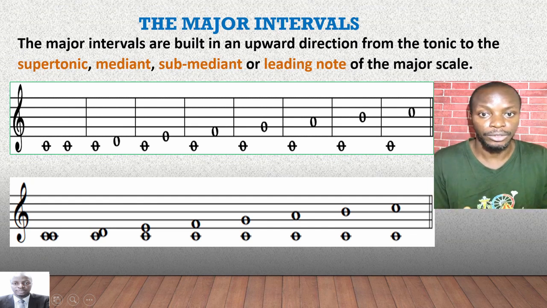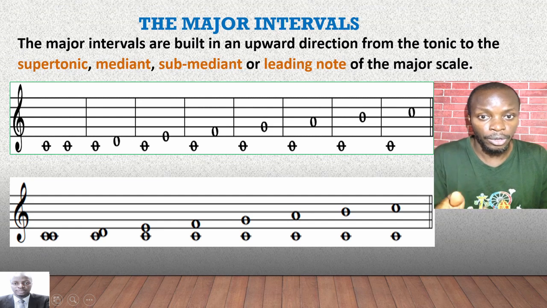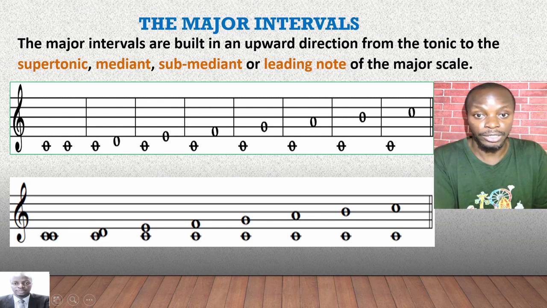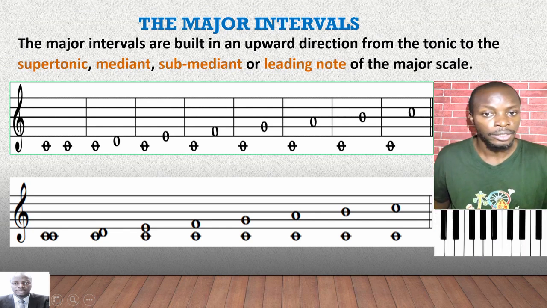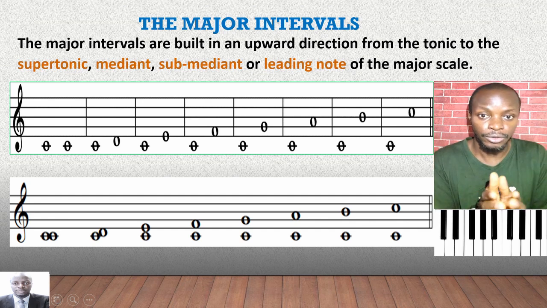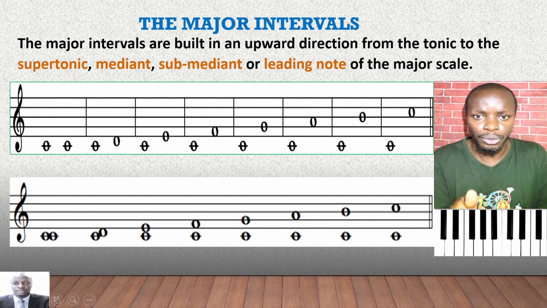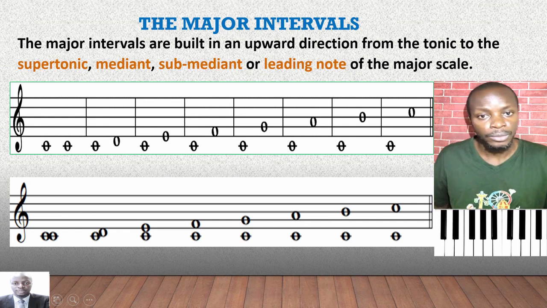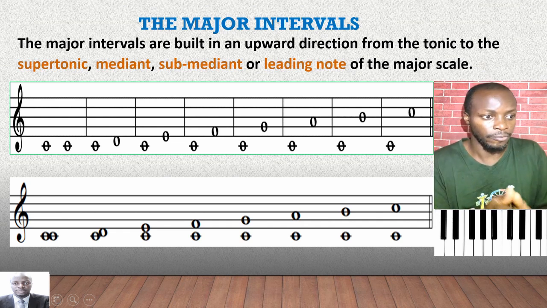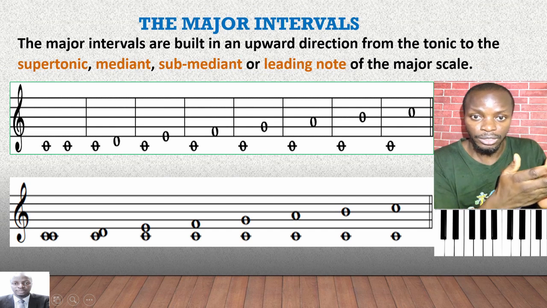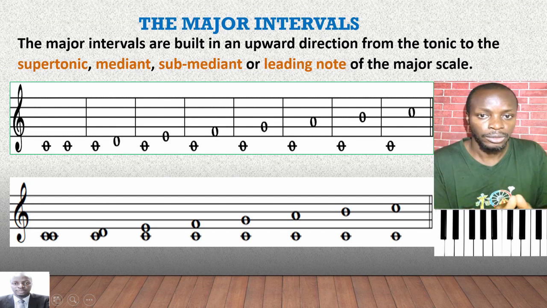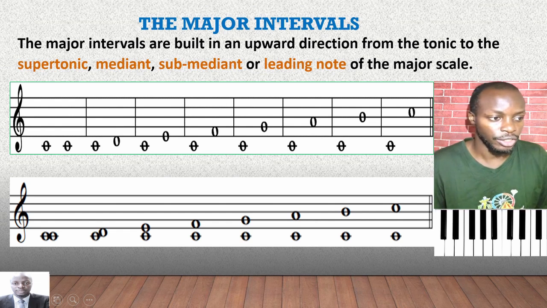If you pick any major scale, when you build an interval between the tonic, that's the do, and re, so from do to re is a major interval, or from do to mi, which is the mediant, it's also a major interval. Or from do to la, that's a major sixth. Or from do to ti, that's a major seventh. So those are major intervals, and let's try to check some of them here.